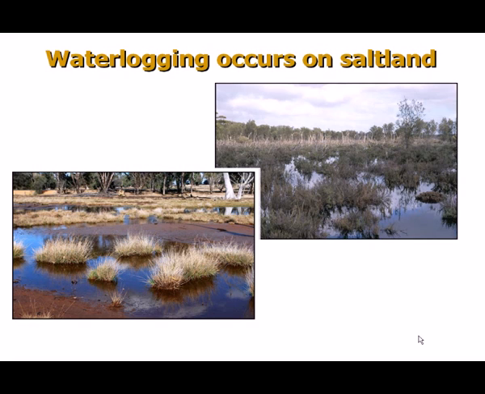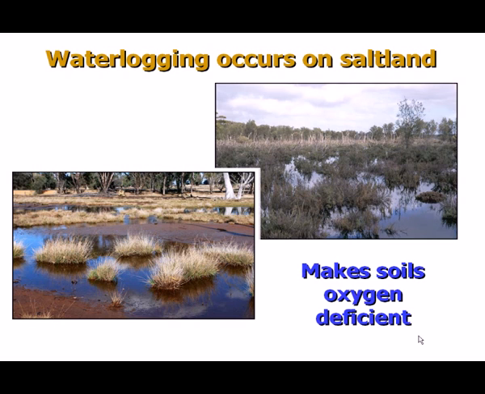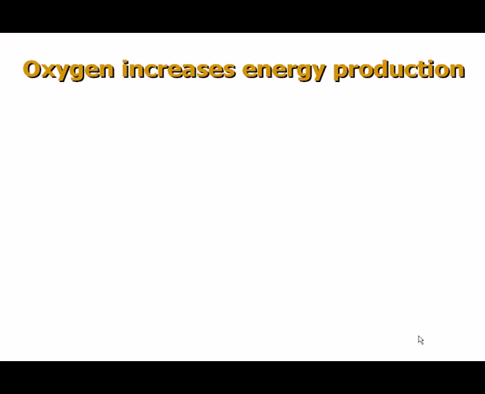And this waterlogging has dramatic effects on the aeration of soils, because it makes soils oxygen deficient. And oxygen is required for energy production by all living systems. We're the same. Plant roots are the same.